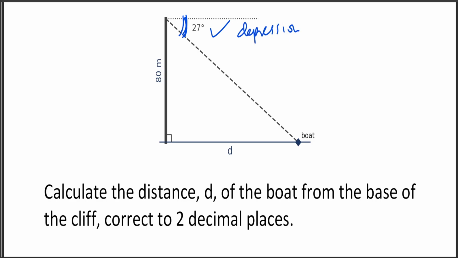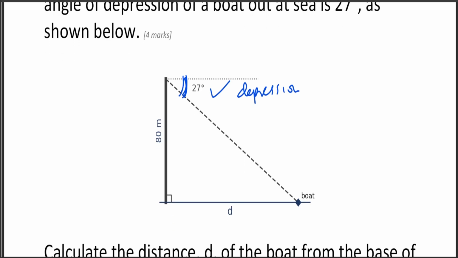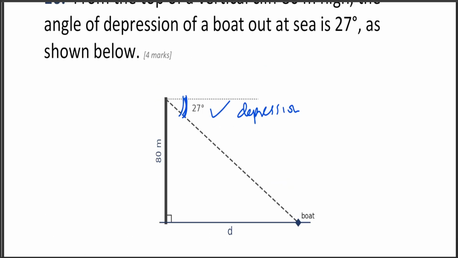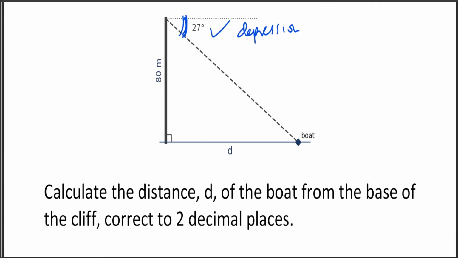And the cliff is 80 meters, if I'm not wrong, yeah. And they're asking you to find the distance of the boat. Now, obviously, looking at this, this is depression, this is elevation. Angle of depression is equal to elevation. So if you are given depression, you draw the elevation as well, because this is what will help you find the distance.